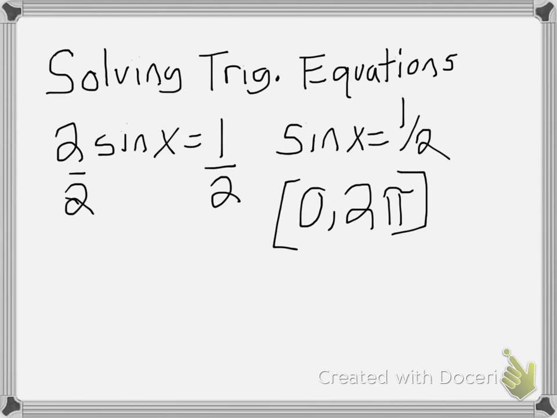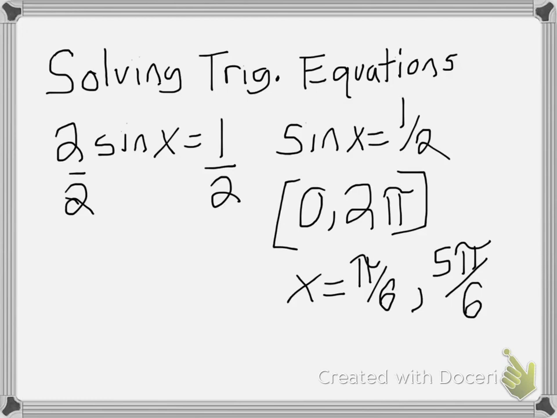So where is the sine of x equal to 1/2? Well, clearly it's at 30 degrees, but we want to do this in radians, guys, which is another reason why you should be more comfortable with radians. So in this case, x is going to equal pi over 6. But it's also going to equal 5 pi over 6, because remember, quadrant 2 also has a positive sine of 1/2.